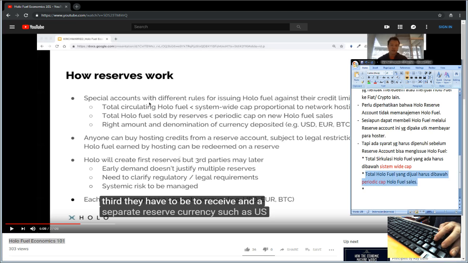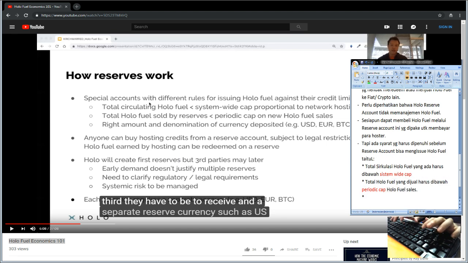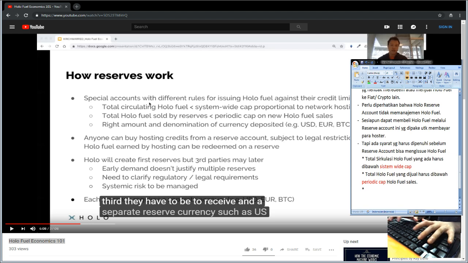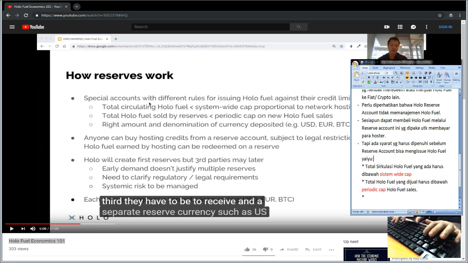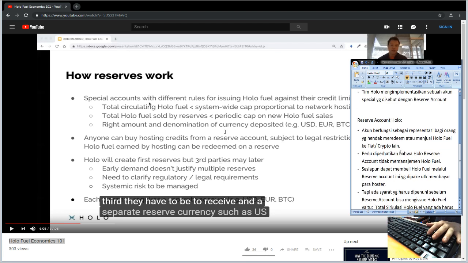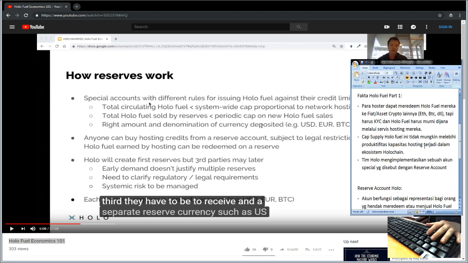Ini nggak ada hubungannya sih dengan mengisukan. Ini yang baru ada hubungannya. Yaitu timbul bla bla bla bla.